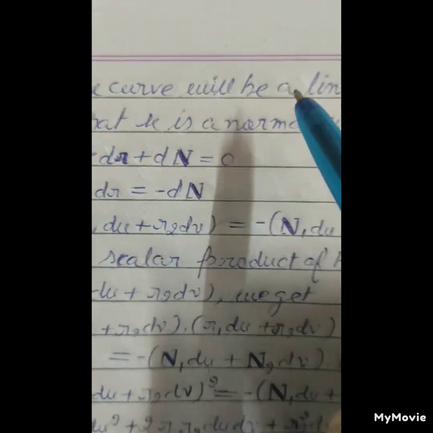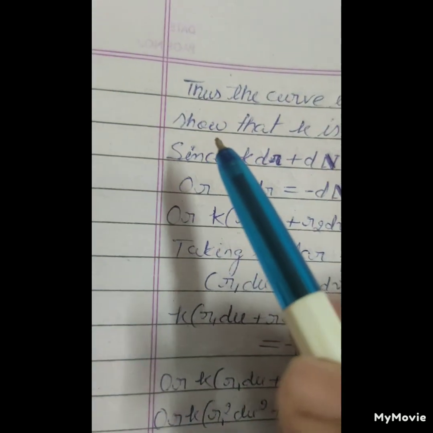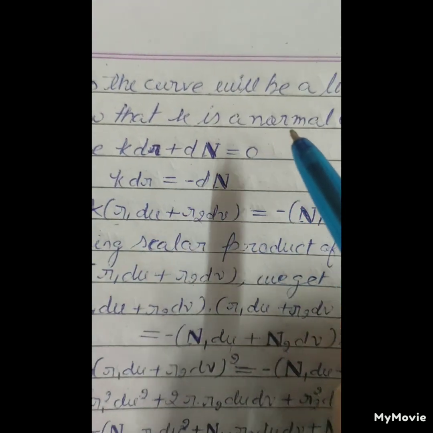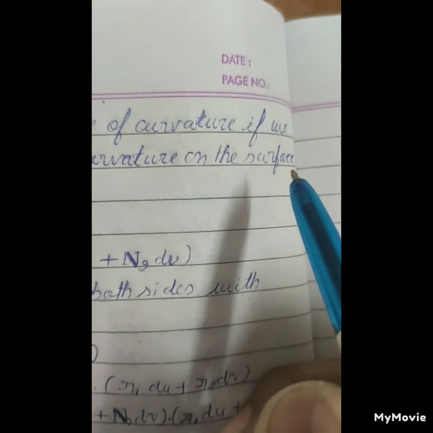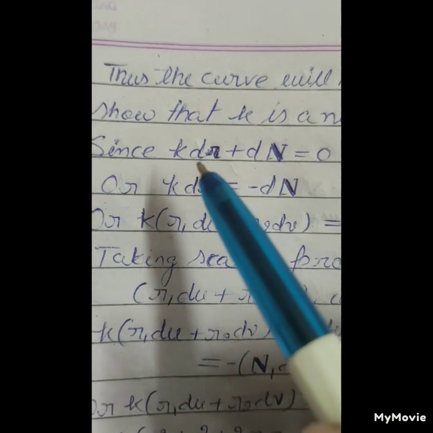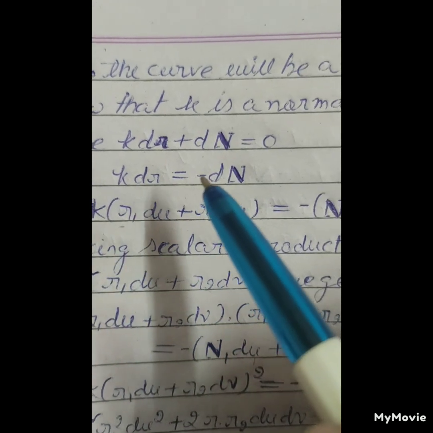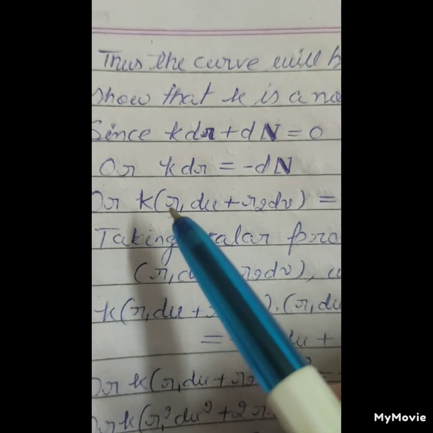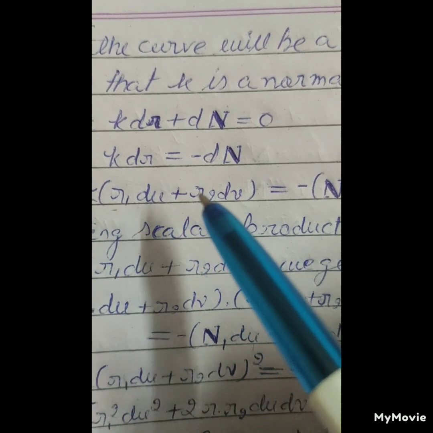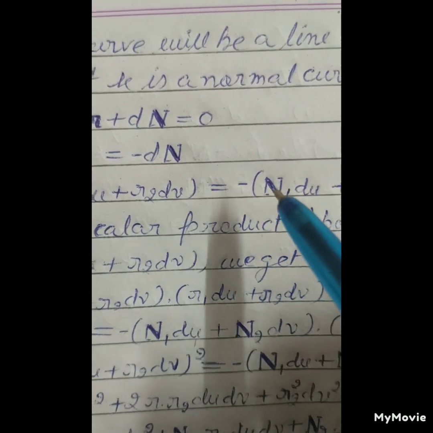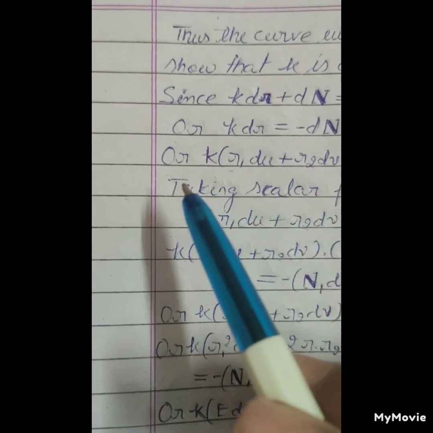Thus the curve will be a line of curvature if we show that K is a normal curvature on the surface. Since K dR plus dN equals 0, K dR equals minus dN, or K (r1 du plus r2 dv) equals minus (n1 du plus n2 dv).